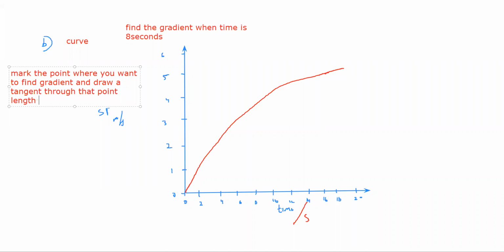The length of the tangent should be more than 5 centimeters for an accurate answer.